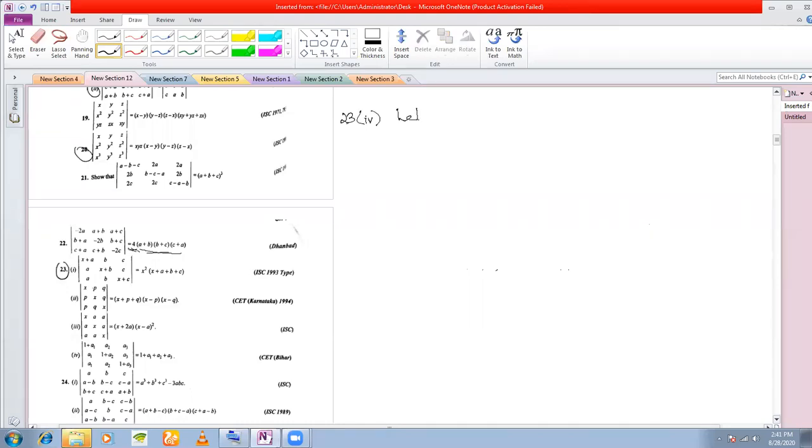Let delta be the determinant with rows 1 plus a1, a2, a3; a1, 1 plus a2, a3; and a1, a2, 1 plus a3.